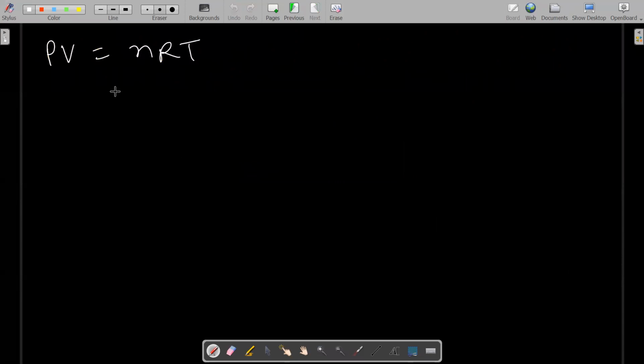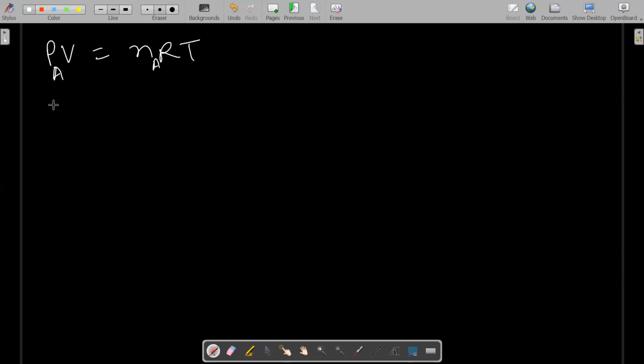Now all of you know PV is equal to nRT. Here volume is constant, T is constant, and R is already constant. So what is the variable parameter here? Because the gases are different, the number of moles might be different. If it is PA, then it is nA.